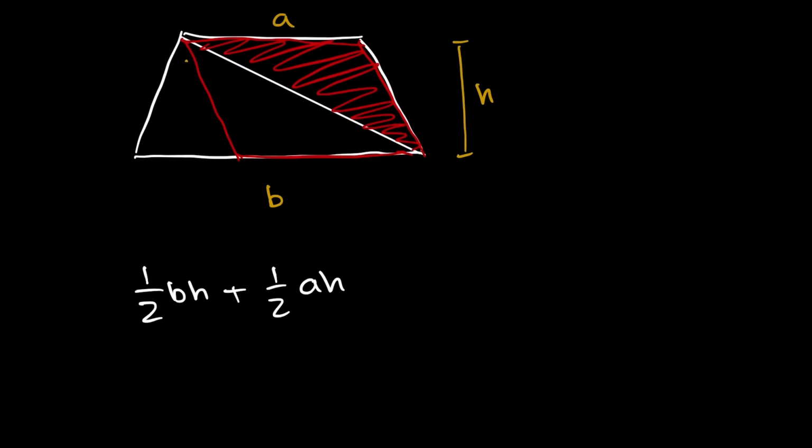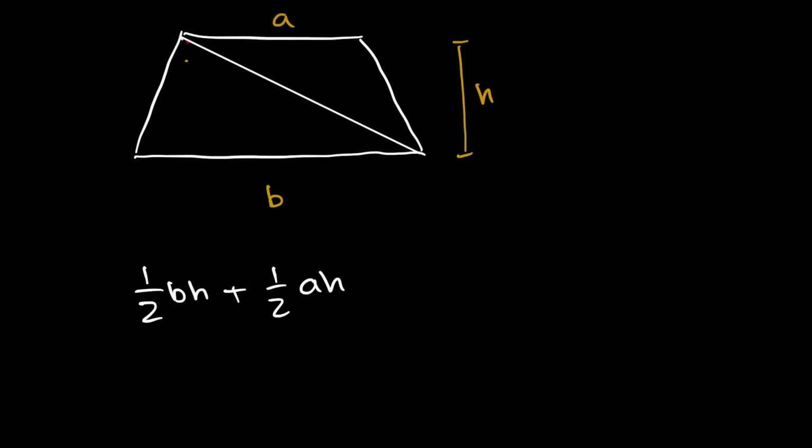So the parallelogram has an area of base times height. The base of the parallelogram is this a, and the height of the parallelogram is just h. So the area of that big red parallelogram is just ah. And since the triangle is half of it, the area must be half of ah. So just in case you weren't convinced, hopefully that convinces you that we can use the same formula.